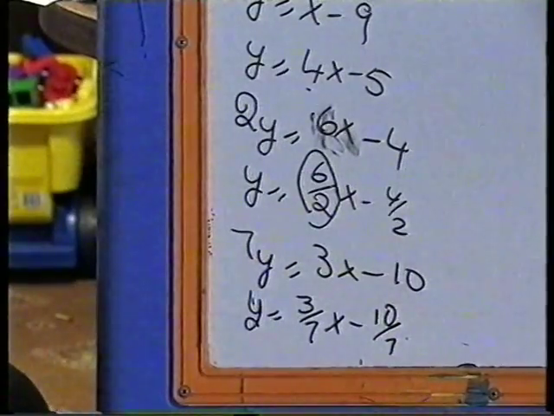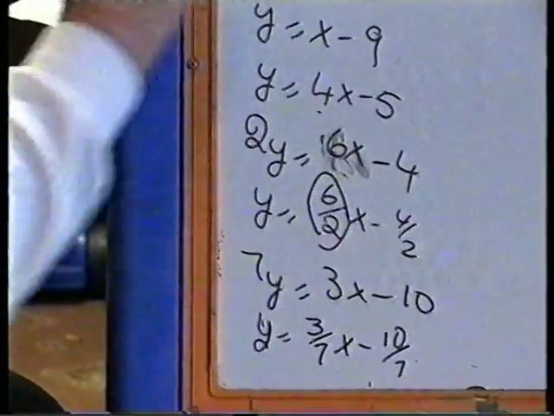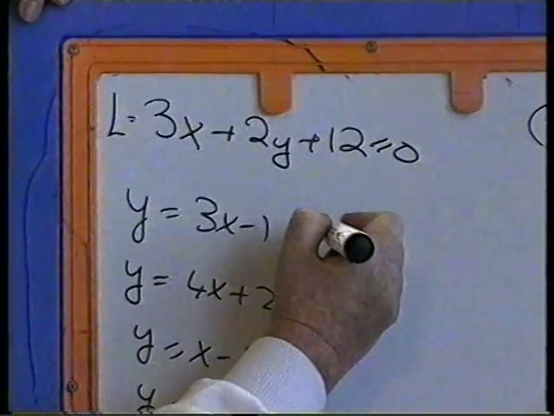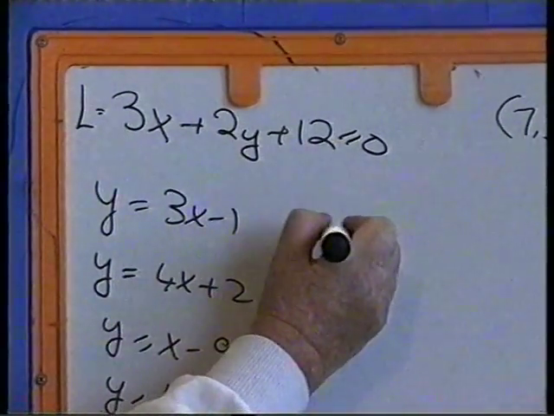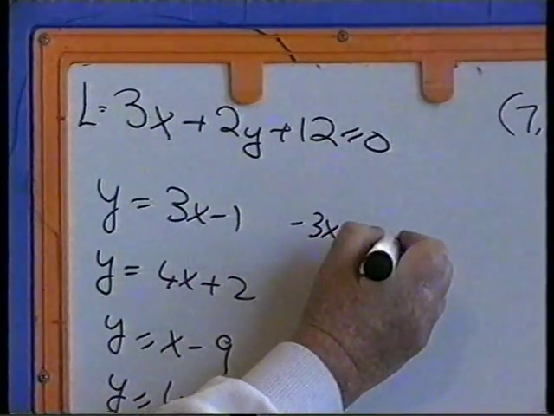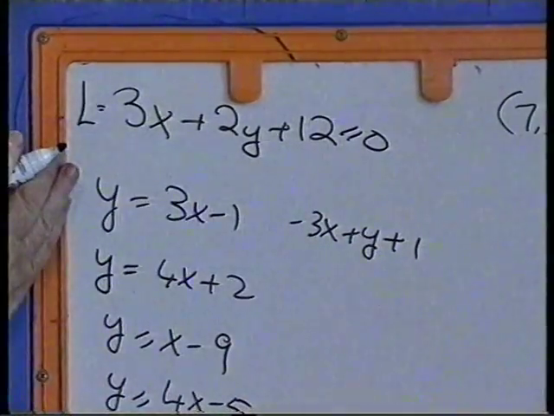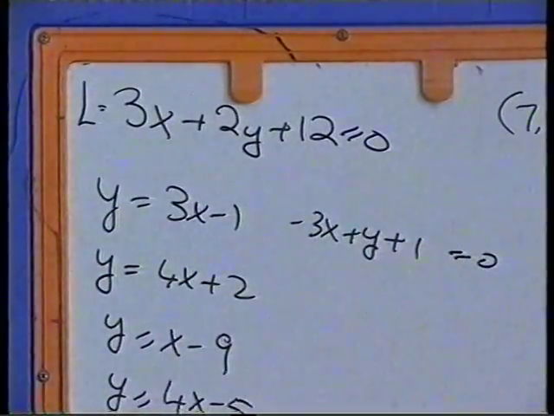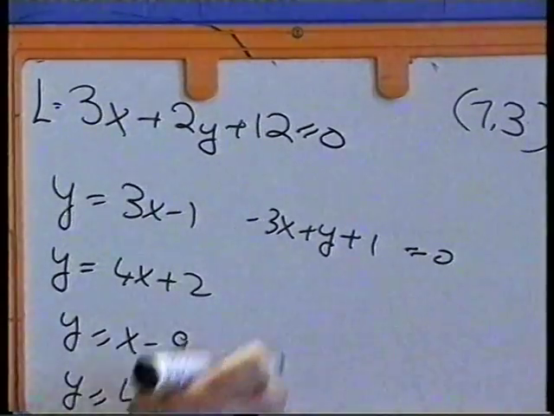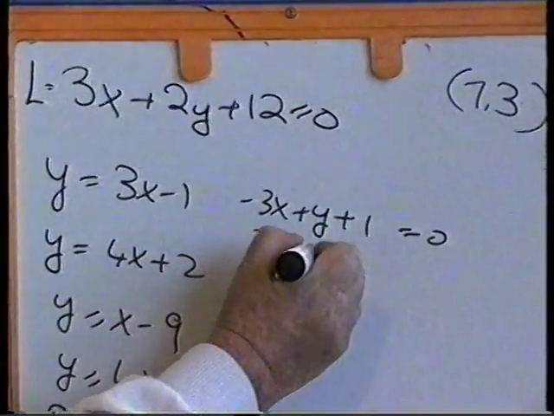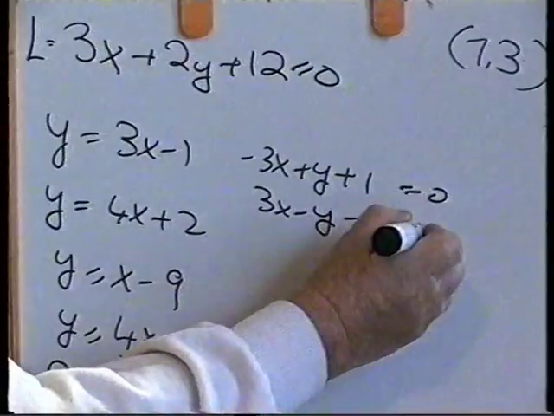But those equations are usually written differently. That would be minus 3x plus y plus 1. They're all brought to one side and 0 on the other. And they don't like to begin with a minus 3x. So it probably would be 3x minus y minus 1 equals 0.